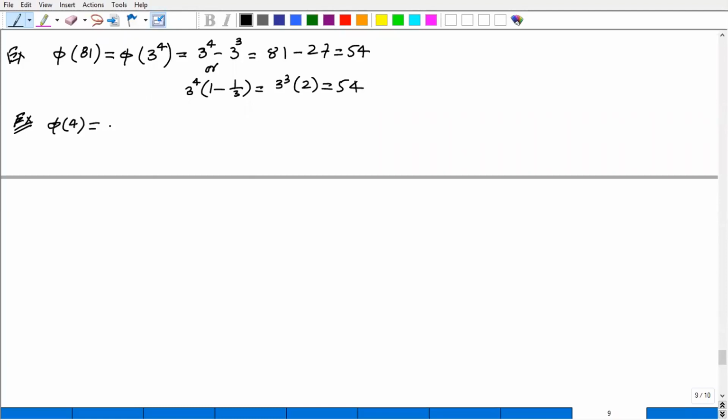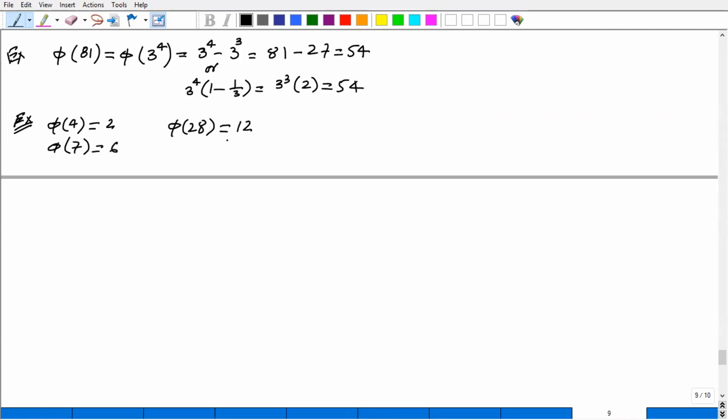We know that phi of 4 is 2. Then phi of 7, because 7 is prime, is 7 minus 1, which is 6. And phi of 28 is 12.